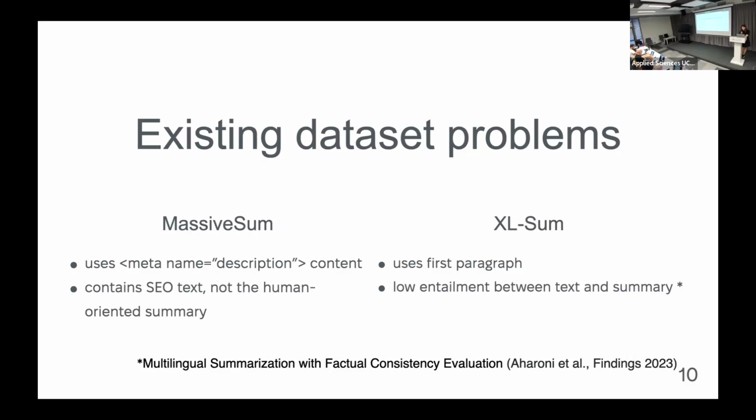And XL-Sum and the paper on Ukrainian summarization use the same approach of dividing a news article into two separate entities, the first or leading paragraph and the rest of the article, and treating the leading paragraph as the summary.